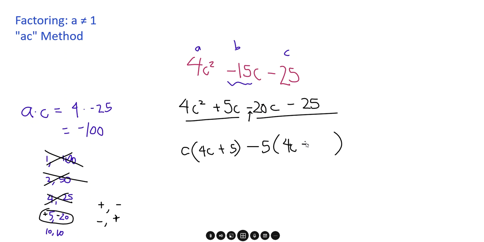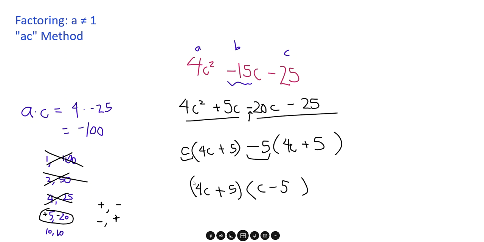And I need it to be a positive 5 because when I multiply negative 5 times positive 5, that's going to be my negative 25. And voila! I've got my 4c plus 5 and my 4c plus 5, don't I? So I'm going to take that 4c plus 5, the common term, pull it out, slap it in the front, and I'm left with a c minus 5.